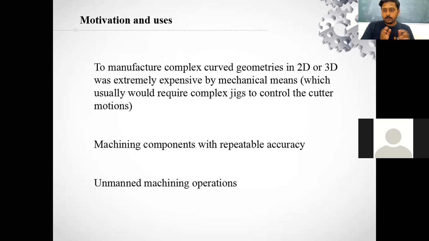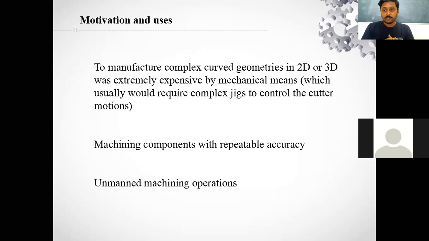But earlier, when there were no CNC machines or such sophisticated technologies, they used to have simple products without geometrically curved or complex features. As time progressed, the geometrical features had to change in some way.